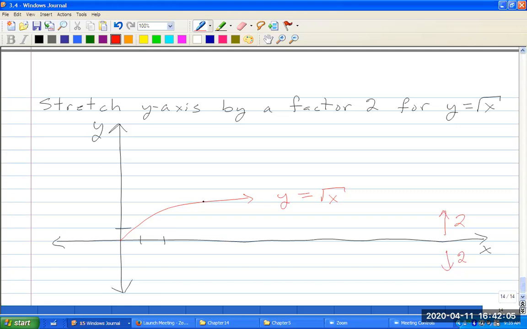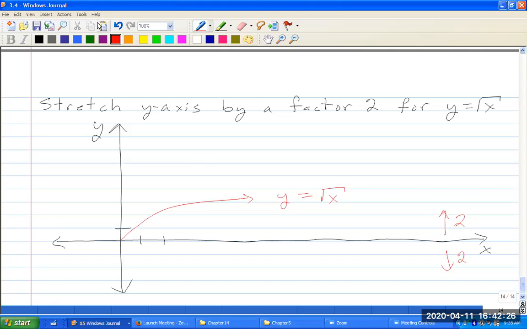So that means that this is going to be stretched upwards. So this will be doubled in size. So wherever I'm here, I'll double it. So this will go up here. Or that's 1, 2, so this guy would go here.